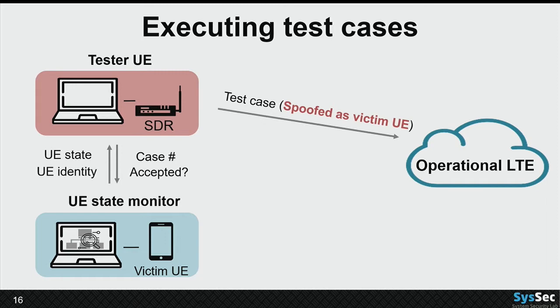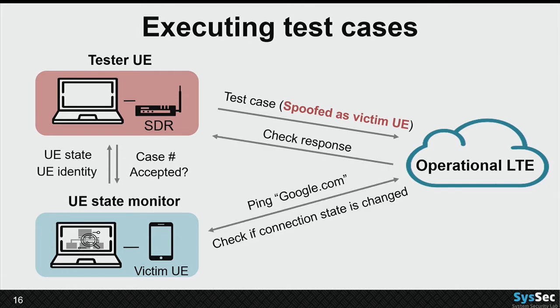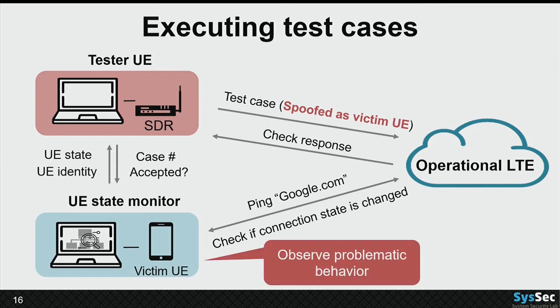For each test case, we check the response from the operational LTE network, and also we check if the connection state of the victim UE is changed or not by sending a ping command to google.com. Based on this data, we have to decide whether each test case causes problematic behavior.